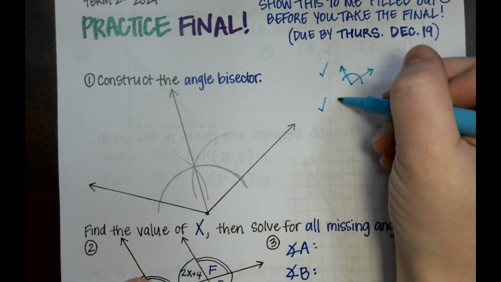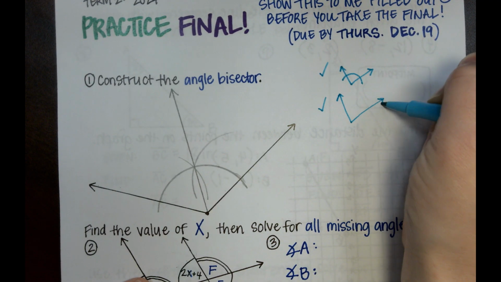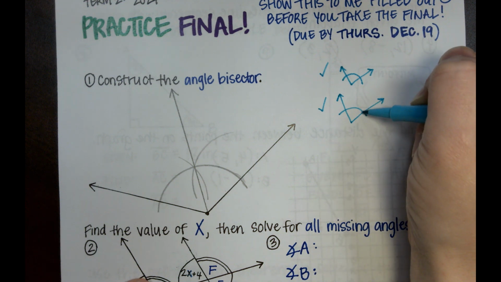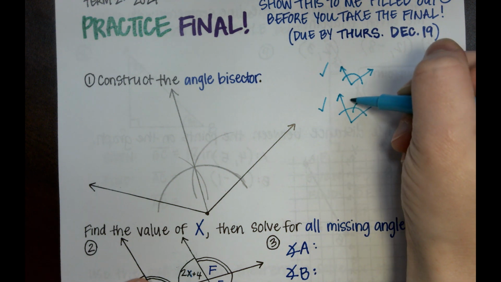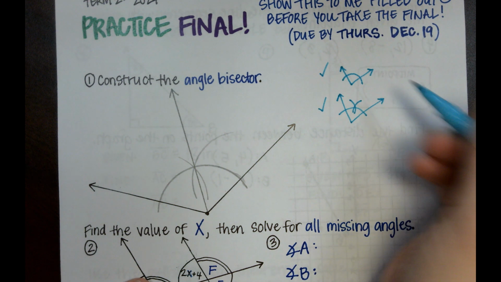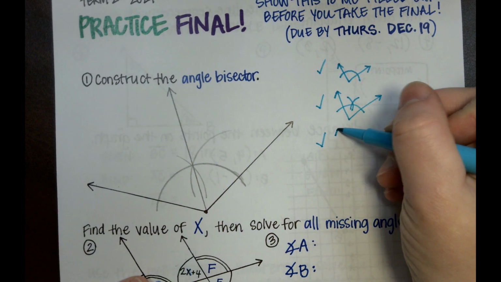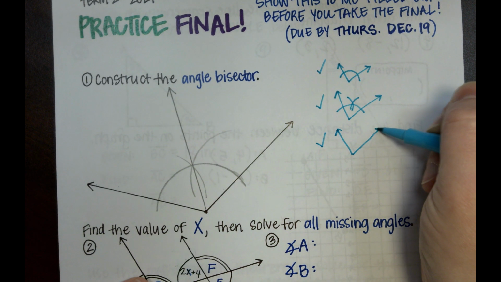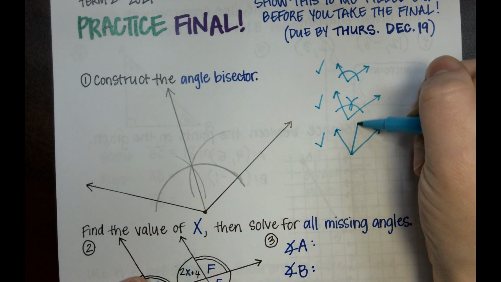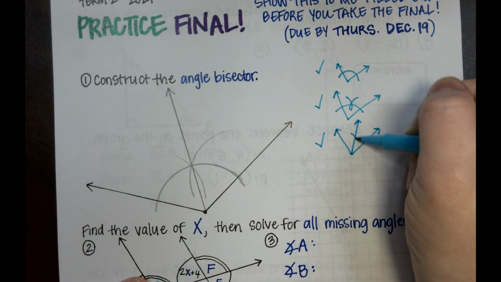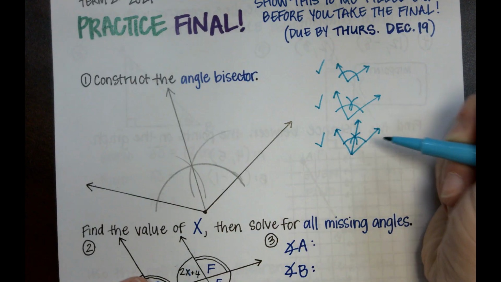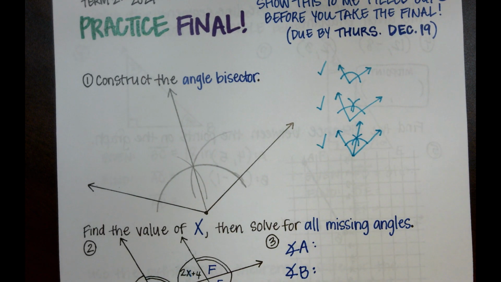Next, after the arc, those 2 intersections inside of your angle like that. And then last but not least, the bisector going through that intersection.